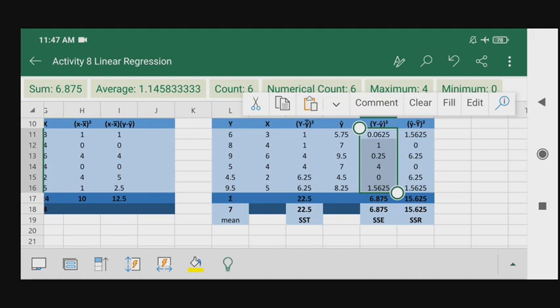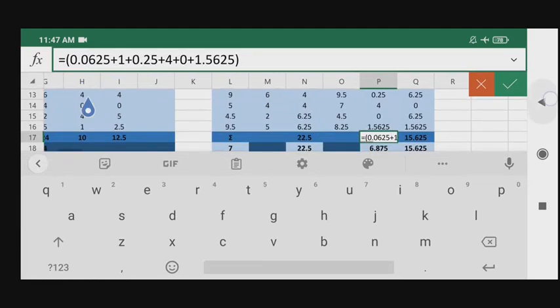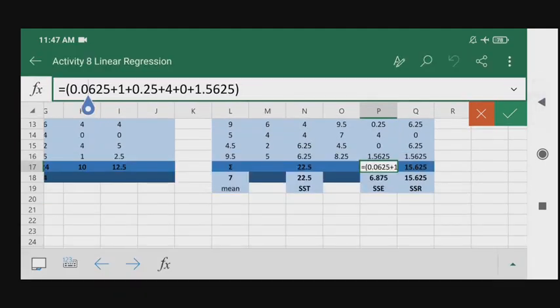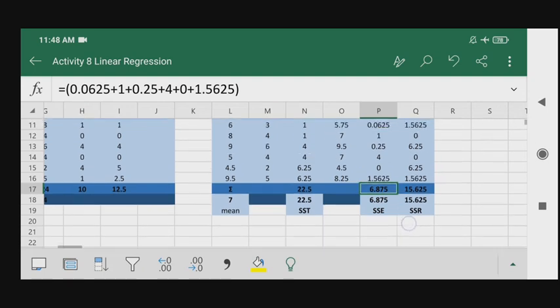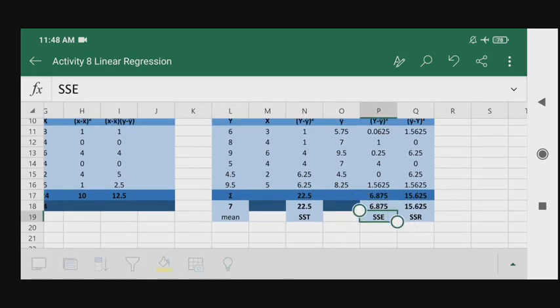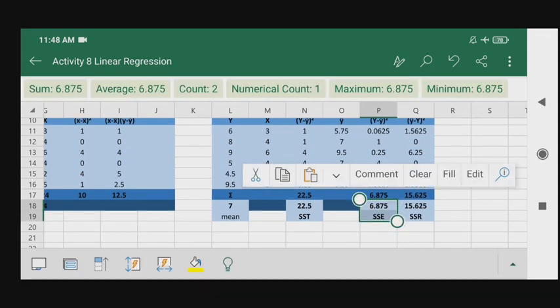To get this, we follow the formula. 6 minus 5.75 squared equals 0.0625. Then 8 minus 7 squared equals 1. Then 9 minus 9.5 squared equals 0.25. Then 5 minus 7 squared equals 4. Then 4.5 minus 4.5 squared equals 0. Then 9.5 minus 8.25 squared equals 1.5625. After that, we get the sum of square error: 0.0625 plus 1 plus 0.25 plus 4 plus 0 plus 1.5625 equals 6.875. So the sum of square error is 6.875.